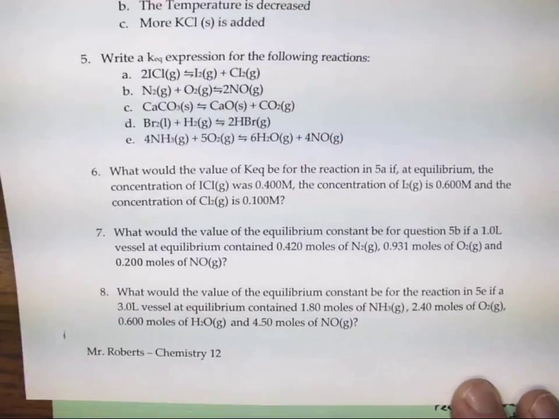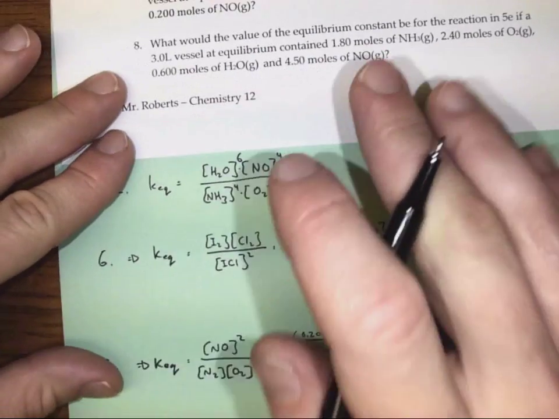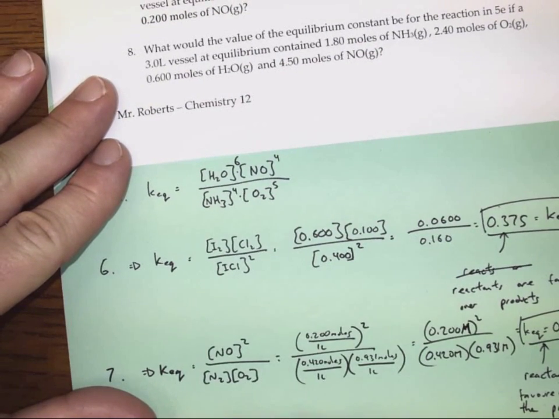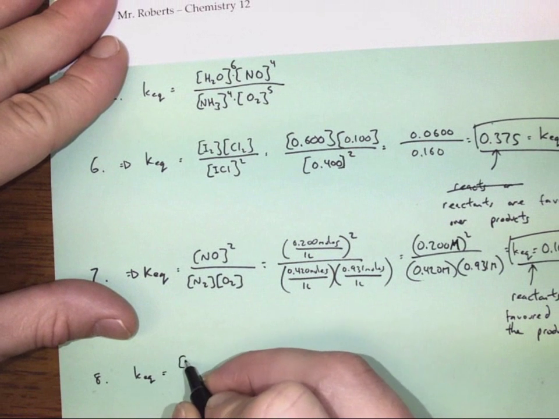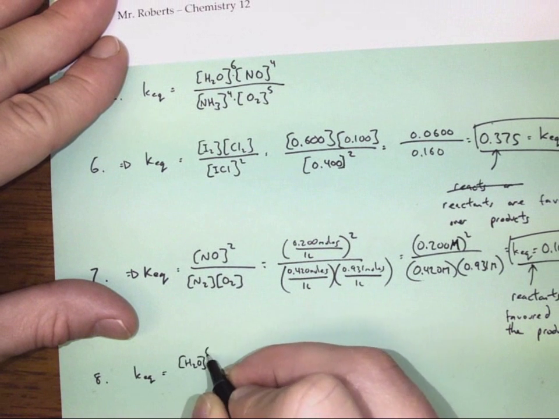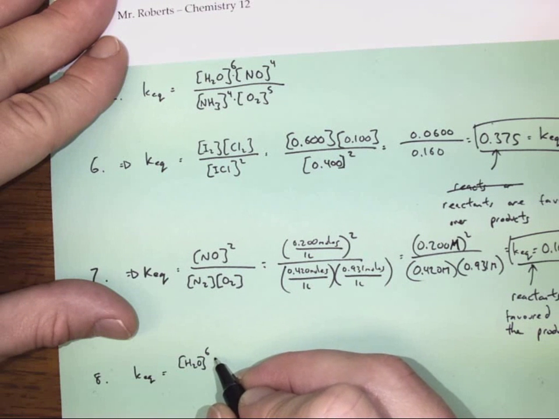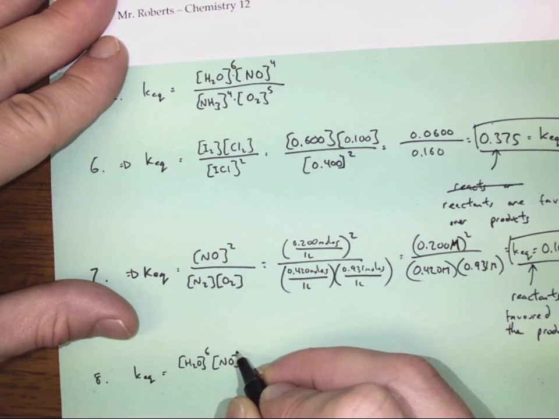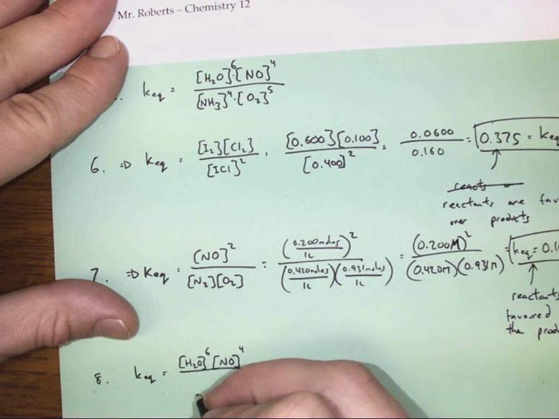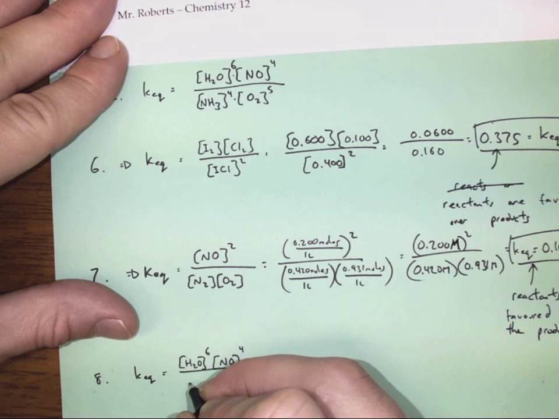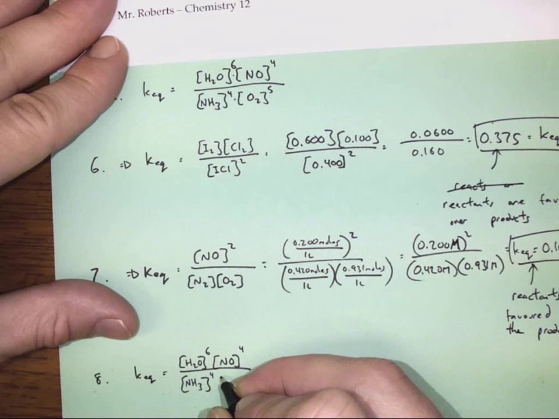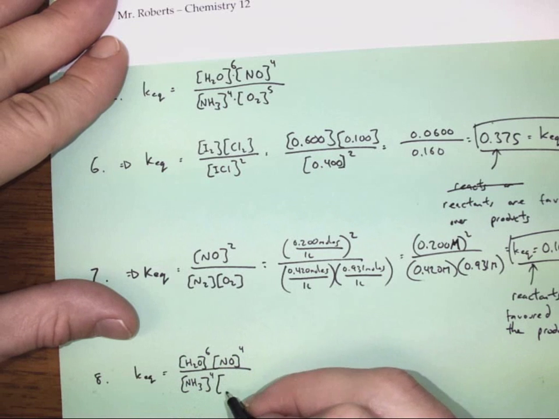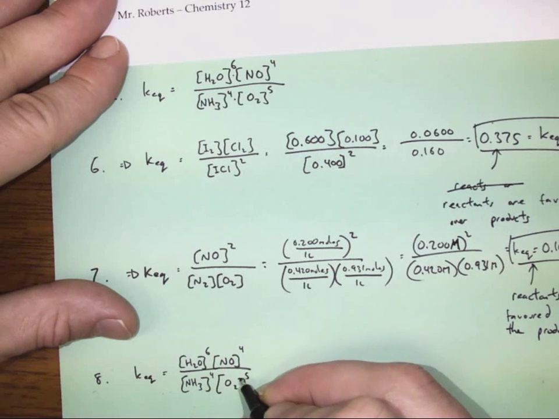All right, so again, I'm going to steal from question 5E my equilibrium expression. And that's going to say that my concentration of water is raised to an exponent of 6. My concentration of nitrogen monoxide is raised to an exponent of 4. My concentration of ammonia has an exponent of 4, and concentration of oxygen has an exponent of 5.